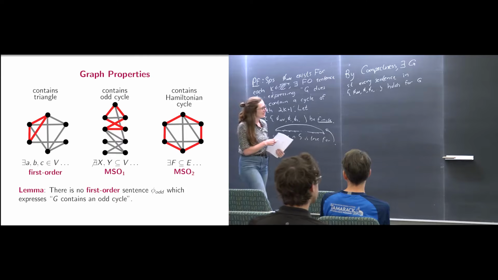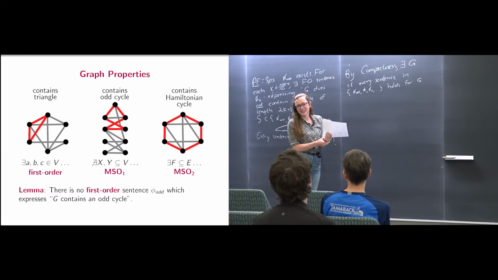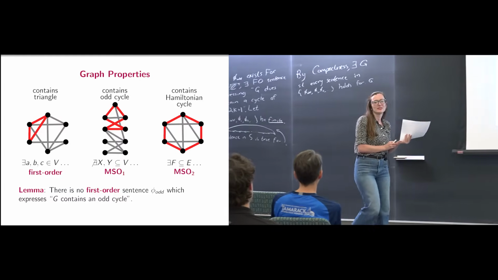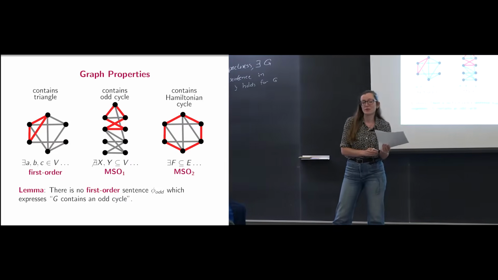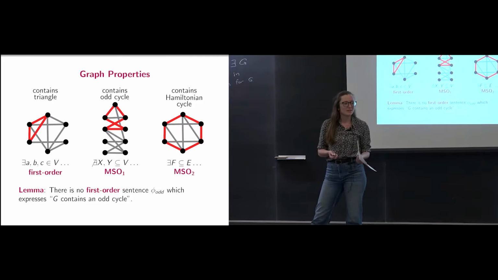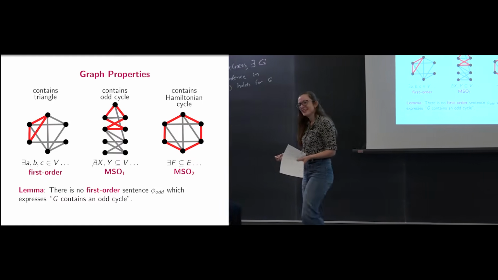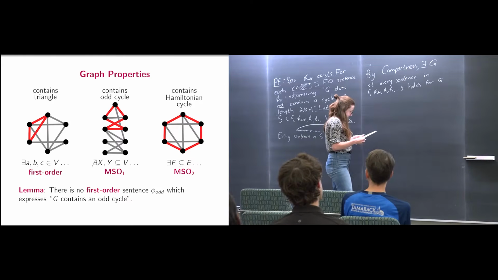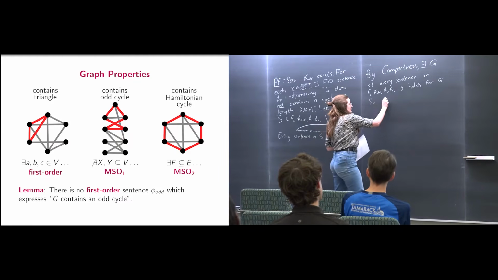It has an odd cycle, but not one of any finite length, and this isn't possible. Actually, if you think about it, every cycle is finite. There's no way of defining an infinite cycle, and you could even imagine trying to do that, but there's really no way to do it.